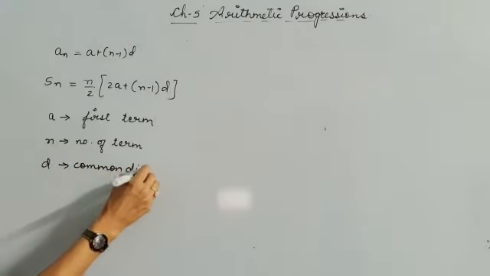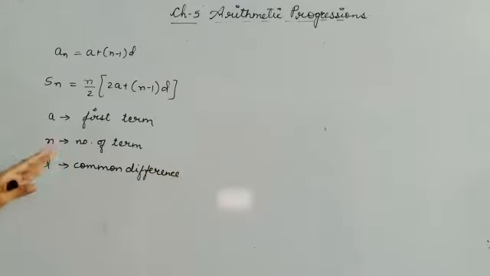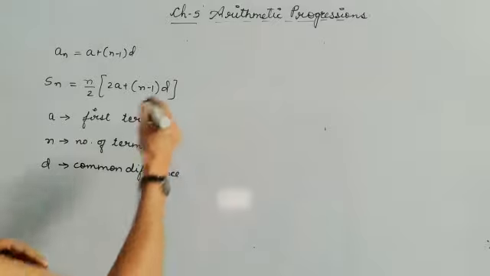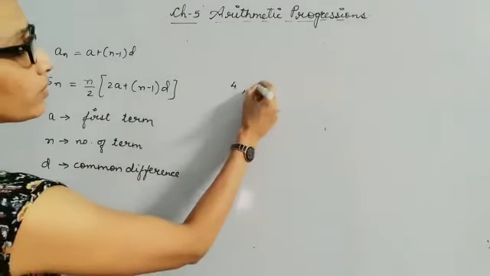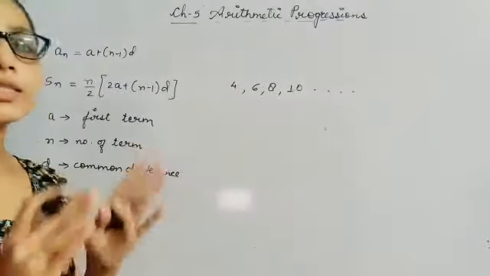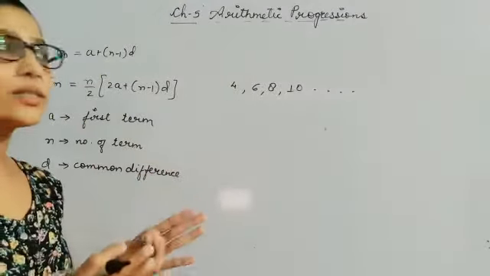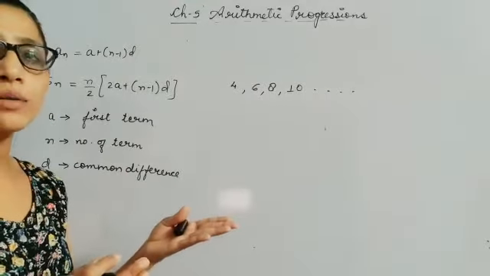Now let's see how we can find out these values. That means if I am given some progression, let's suppose I am given 4, 6, 8, 10 and so on. In class 10th you only have arithmetic progression and not the other progressions, that means the geometric or harmonic progressions.